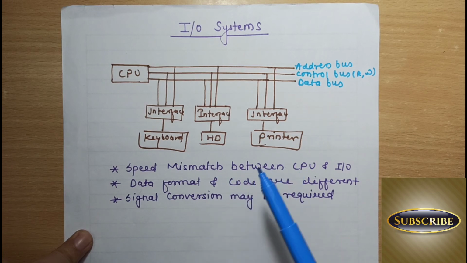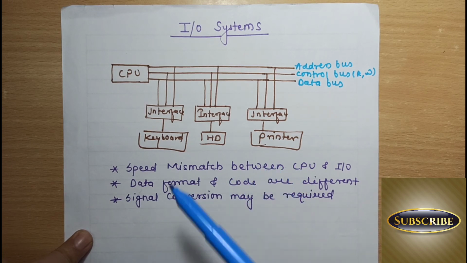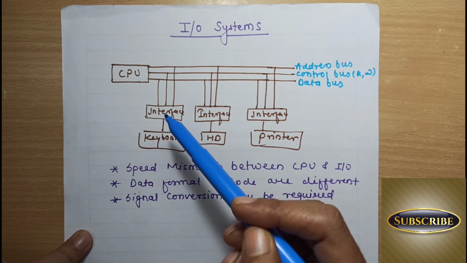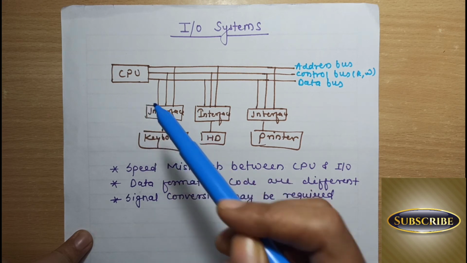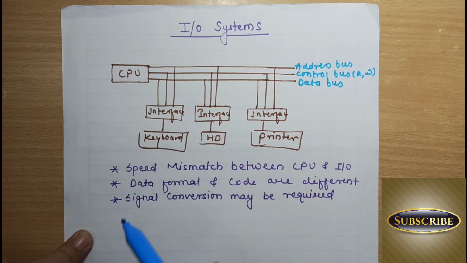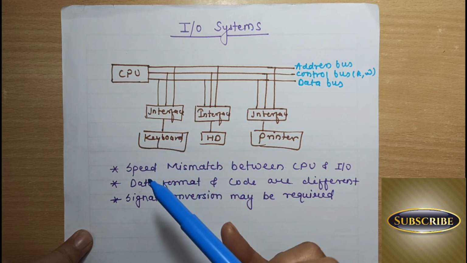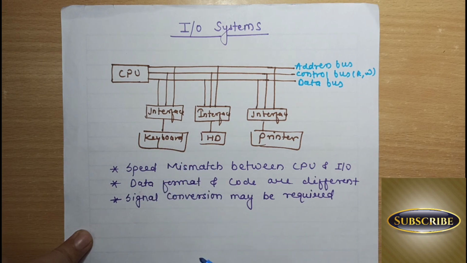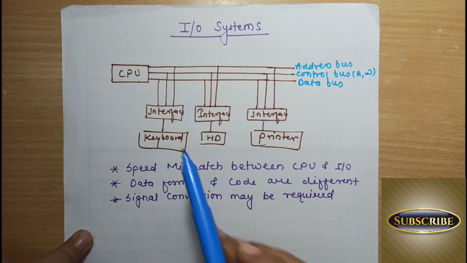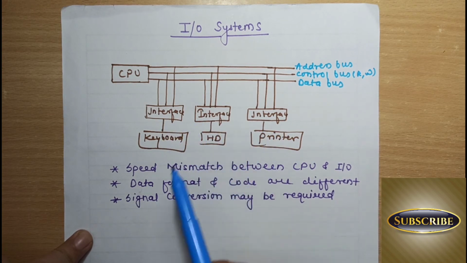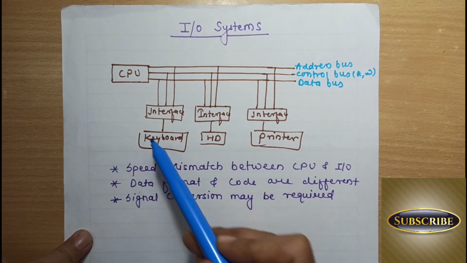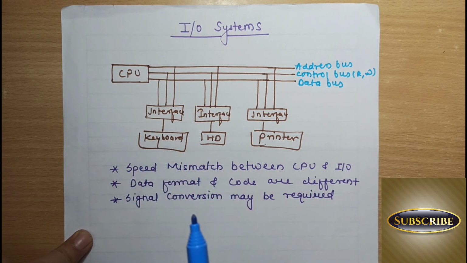So there should be a signal conversion, right? If you are giving input to this IO device, that electronic signal should be changed to the signal format of that particular IO device. And if you are taking input from the IO device, that signal conversion may be required. So these interfaces are used to perform all these operations so that there will be efficient communication between CPU and keyboard.